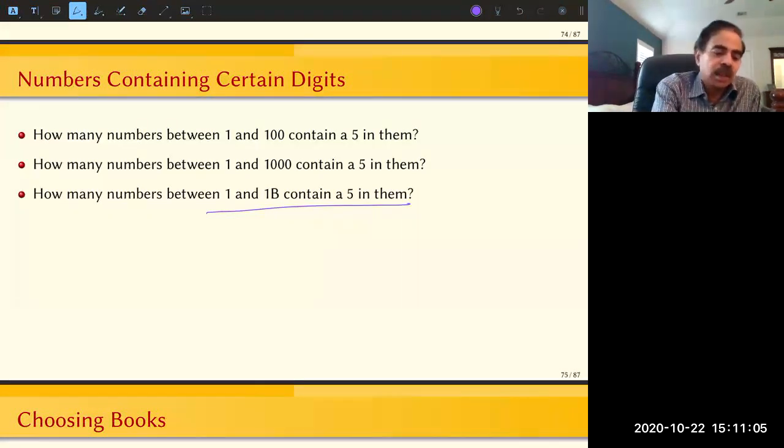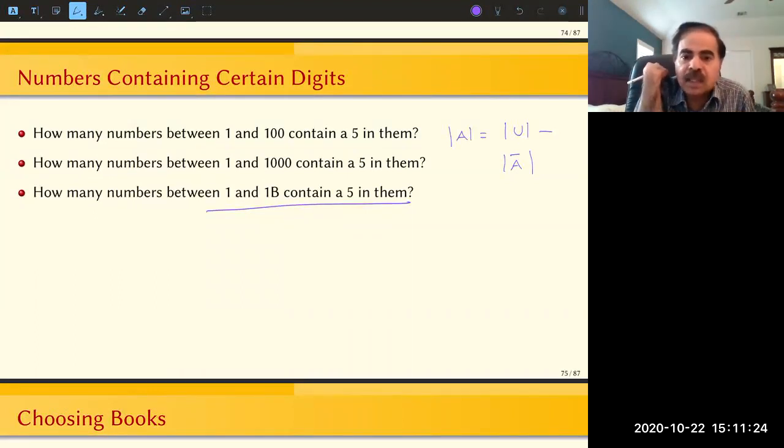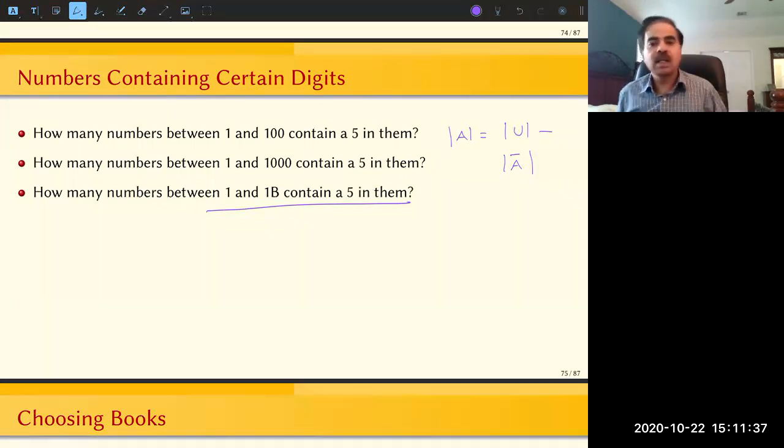Okay, so there is another property of sets that we can utilize, which is that size of A equals... So we can count the size of the complement, and then subtract that from the universal set, and that'll give us the number we are seeking, right? So in this case, let's look for the numbers.